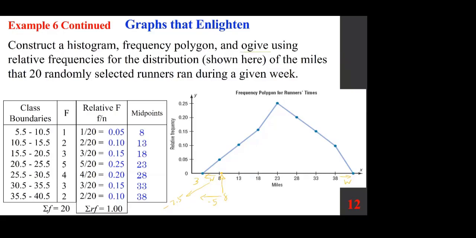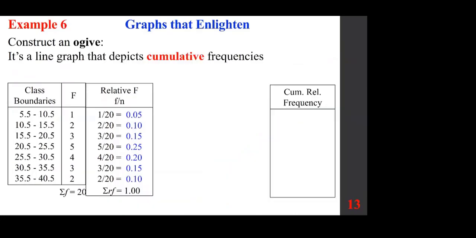Now, in order to come up with the ogive, the very first thing you have to use is a cumulative frequency distribution table. So you have to come up with that. First, this is the given. There's nothing brand new. But how do you come up with the cumulative frequency distribution table? If you recall, I said just use either the boundaries or limits, whatever is given. In this case, the boundaries are given.